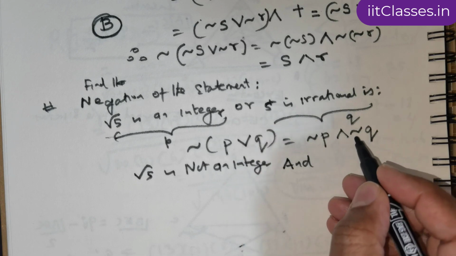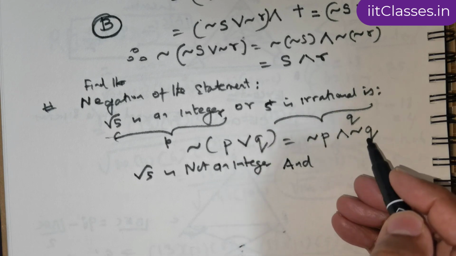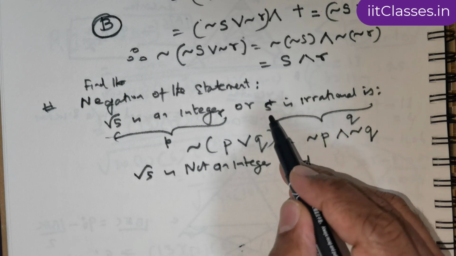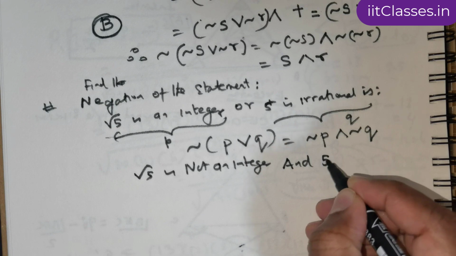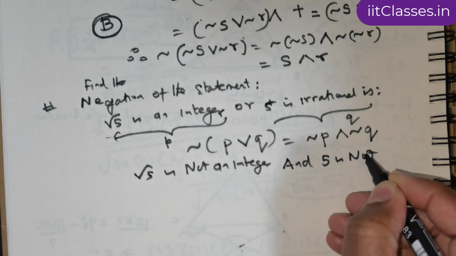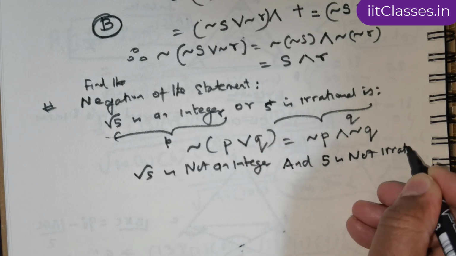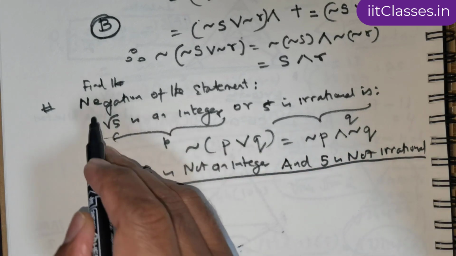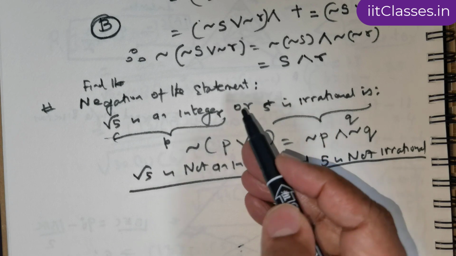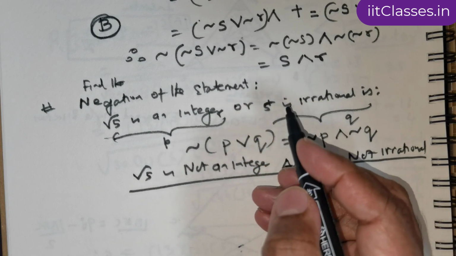This is followed by the negation of Q. Q is actually 5 is irrational. So the negation of this is going to be 5 is not irrational. So this is the exact outcome for the requirement that is being asked here.